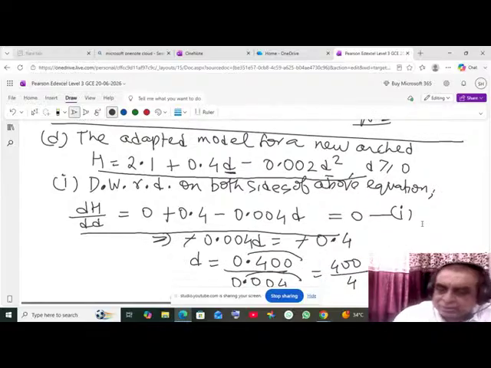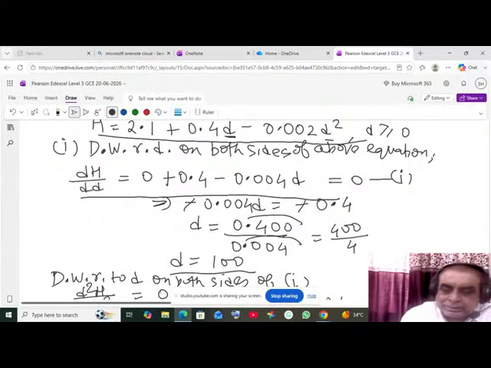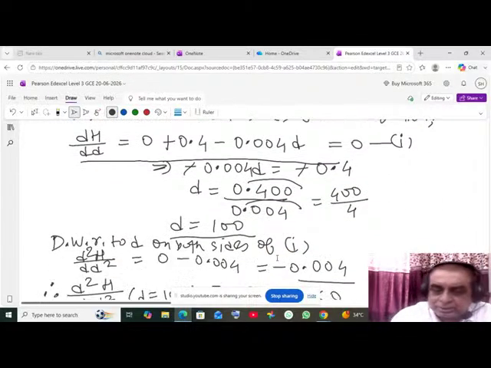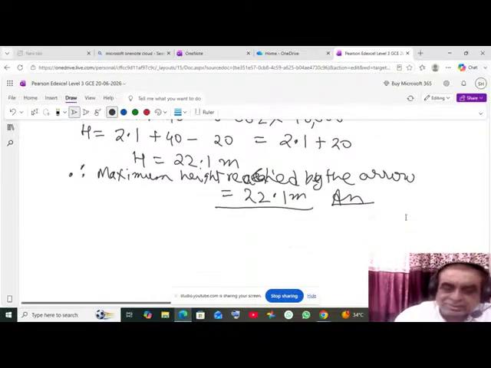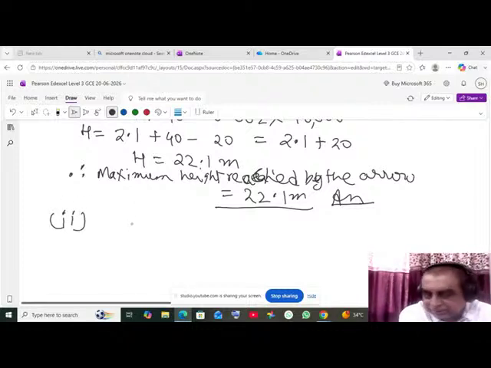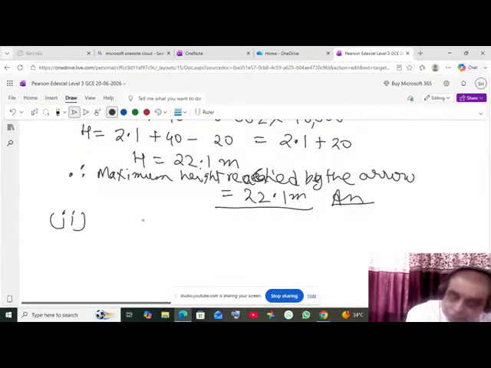We have already calculated that. So the d value is 100 when the maximum height is reached. It is asking what horizontal distance the arrow has traveled when it has reached the maximum vertical height.